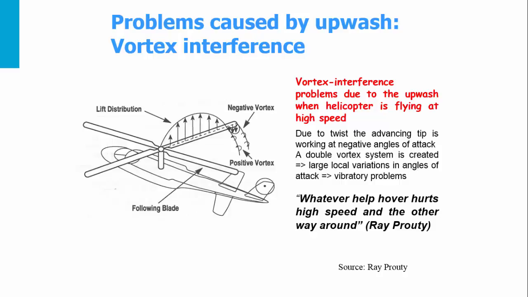Therefore, a double vortex system is created, and this will create large variation in angle of attack, large variation in lift, and therefore a vibratory problem. So we see here again that whatever helps hover will hurt forward flight and high speed, and the other way around. In this way, the helicopter designer has to make a compromise.